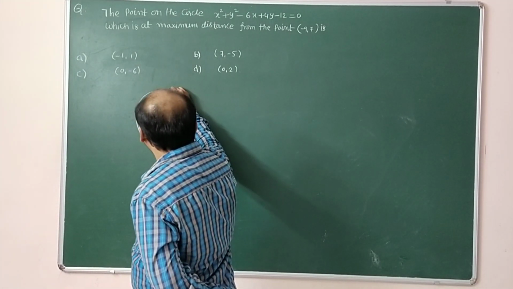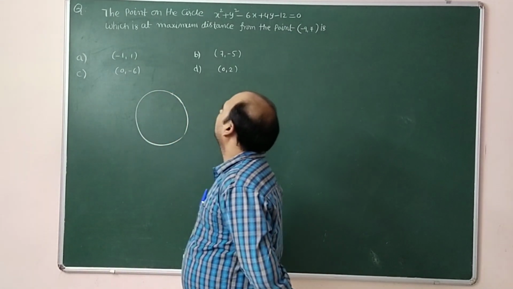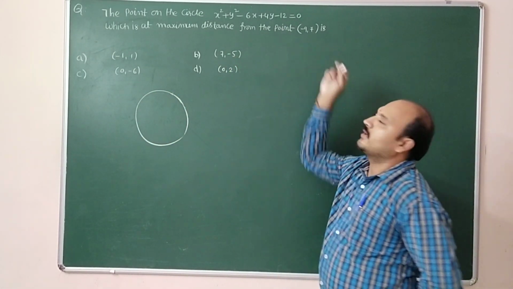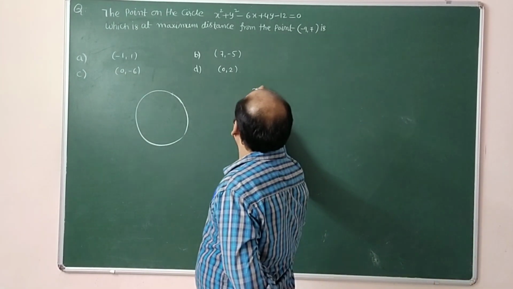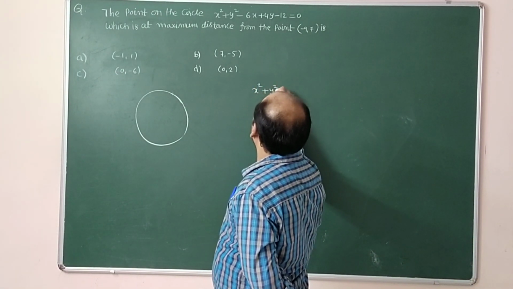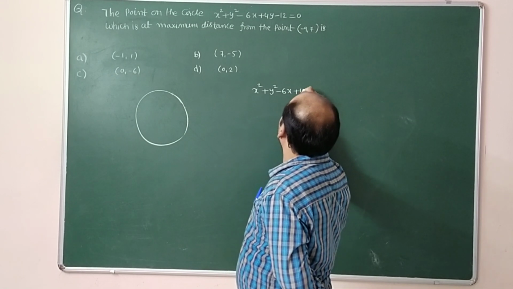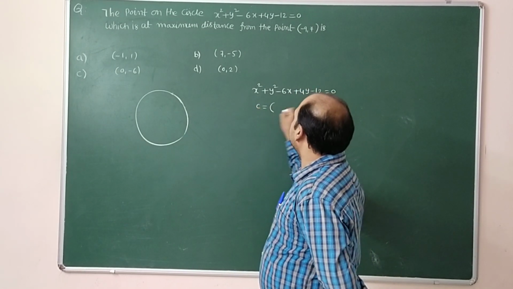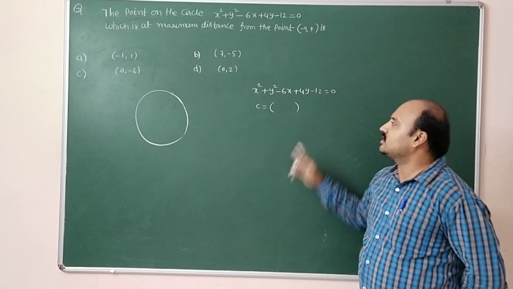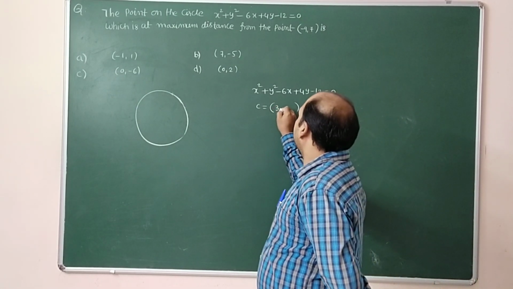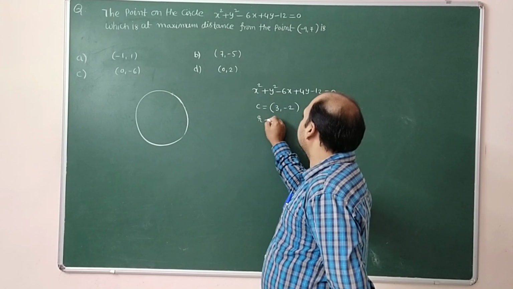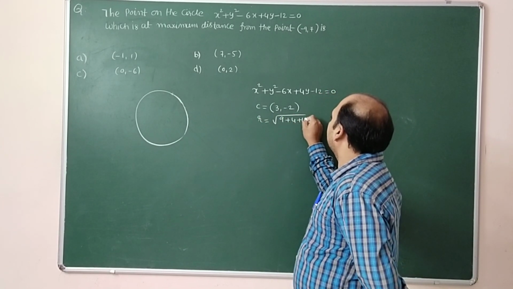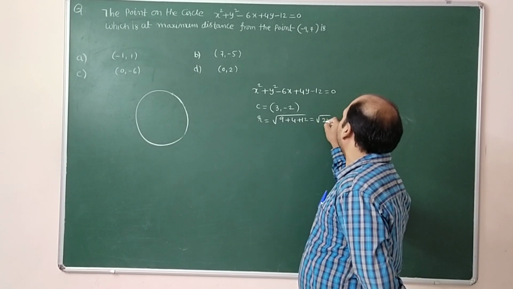Circle equation is x square plus y square minus 6x plus 4y minus 12 equal to 0. Center C is equal to minus x coefficient by 2, minus y coefficient by 2. So 3, minus 2. Radius r is equal to root over 9 plus 4 minus of minus 12, root 25, is equal to 5.